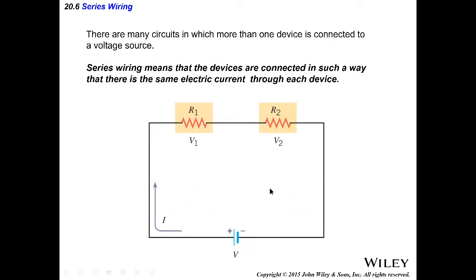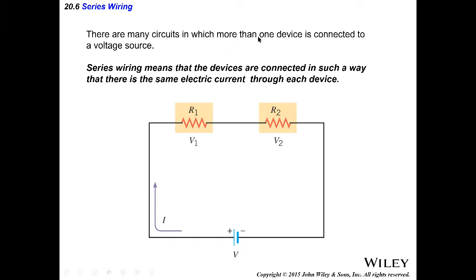Now we want to come to the things about electric circuits which are again part of our daily life experience, because we never have a circuit involving only a single resistor. We will always have circuits where there is more than one device connected to a voltage source.